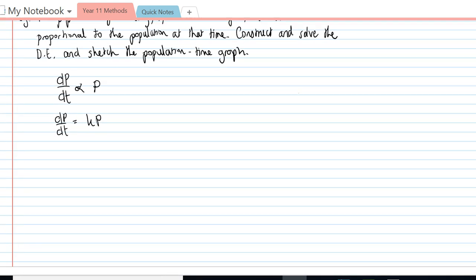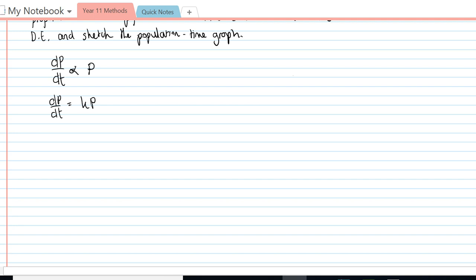So now I need to solve this DE. It doesn't make much sense to anti-differentiate this with respect to t. So what I'm going to do is flip both sides of the equation to get dt/dP is 1 over kP. And now I'll anti-differentiate with respect to P. So t equals the antiderivative of 1 over kP dP.